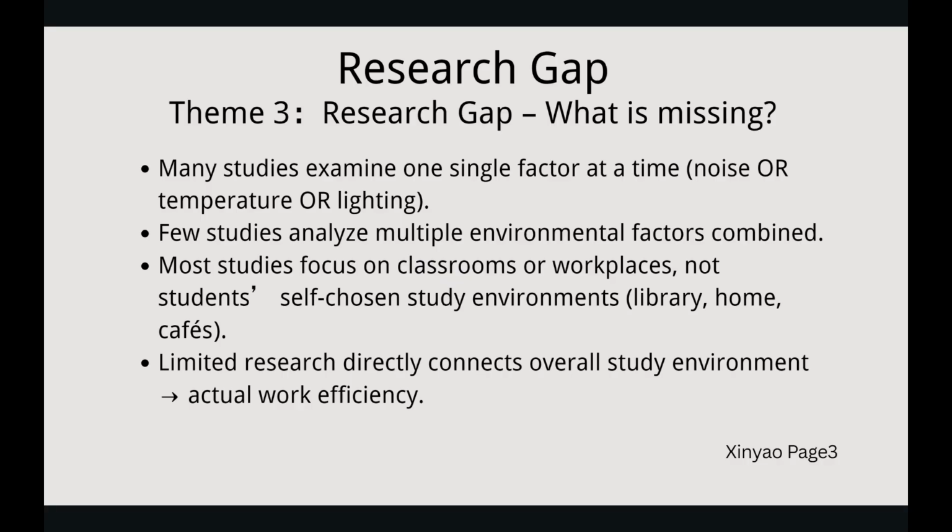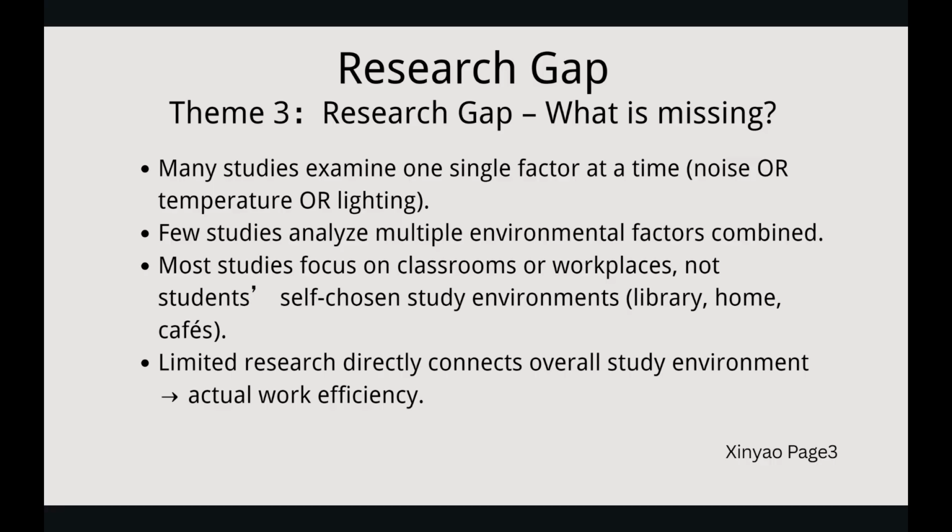Although many studies look at environmental or behavioral factors, most examine only one factor at a time, such as noise, lighting, or temperature. Very few studies explore how multiple factors work together to influence learning efficiency.